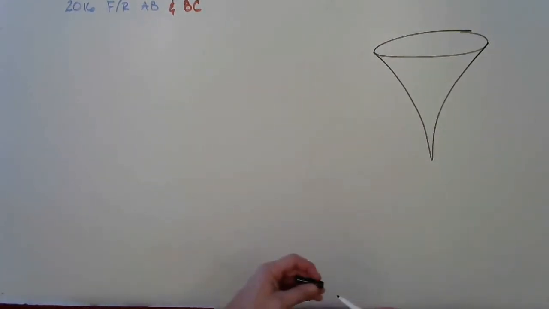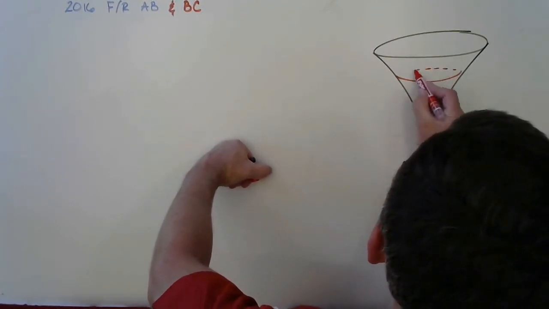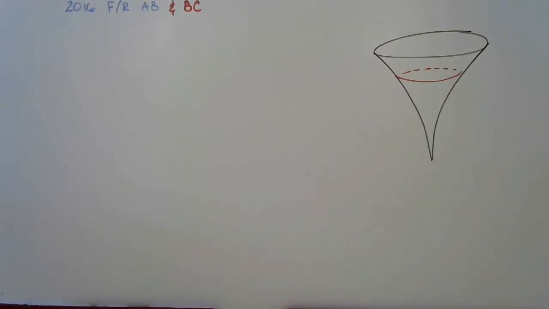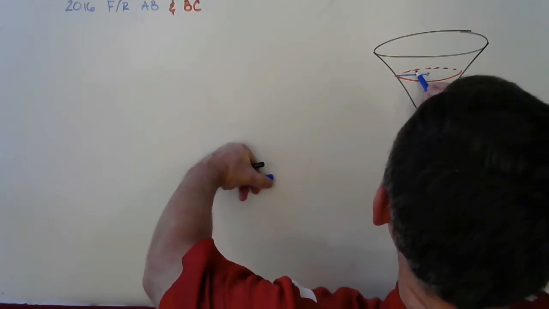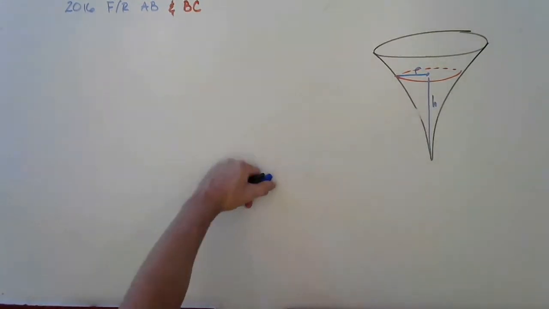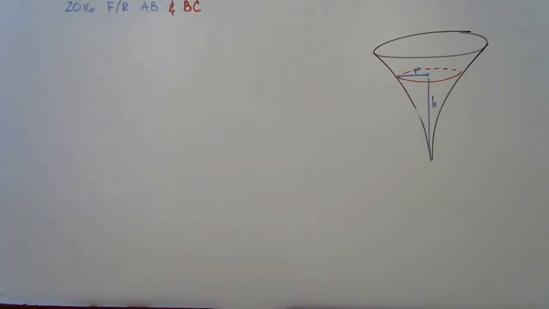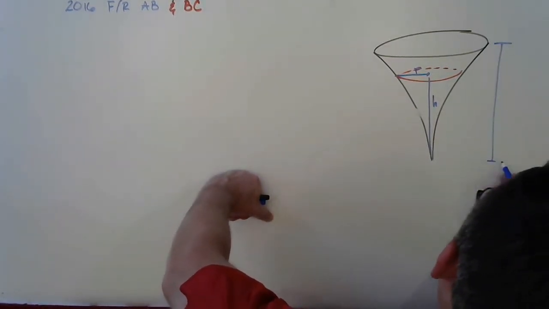We have liquid in the funnel, and the radius of our liquid is R. And the height of our liquid is H. This is what we know about our funnel. We know our height of our funnel is 10 inches. Okay, so the height from here down, 10 inches.